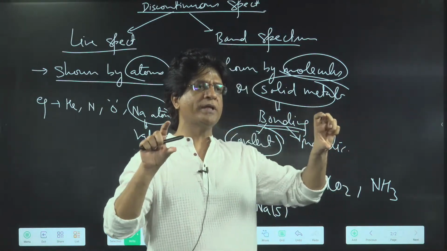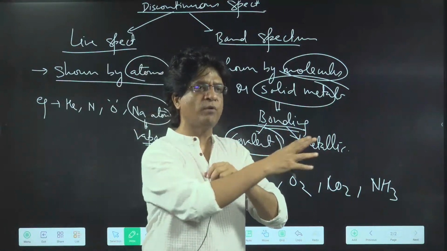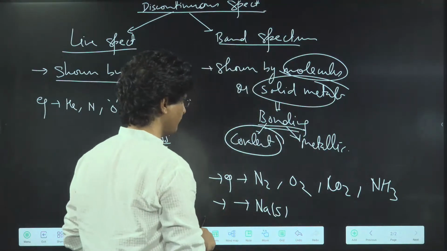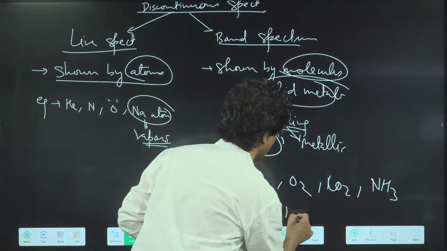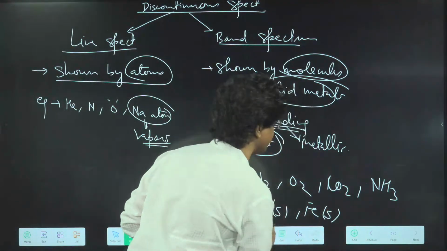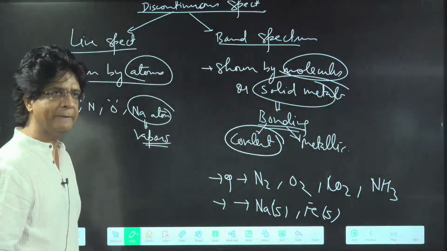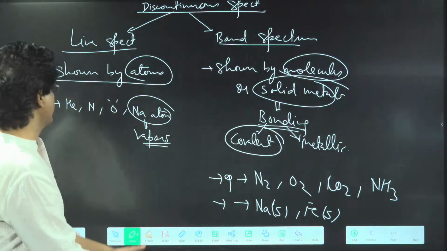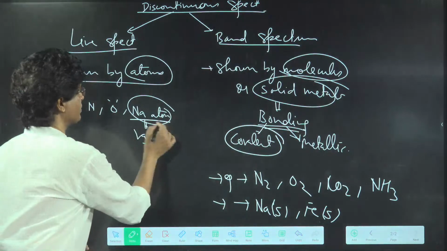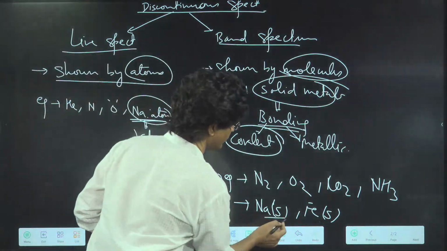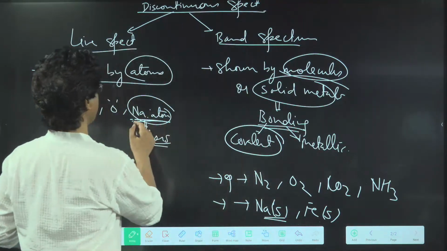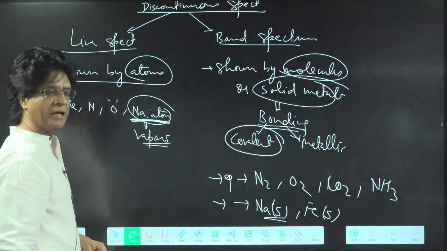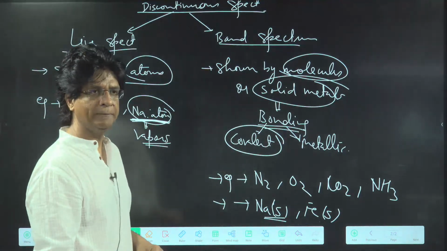The cations of sodium are there out in the sea of electrons. Sodium solid, or you can say iron solid. Are you getting that? All of you, come on. The difference between sodium atom and sodium solid: here it has metallic bonding, and here we have no bonding. They are individual atoms.